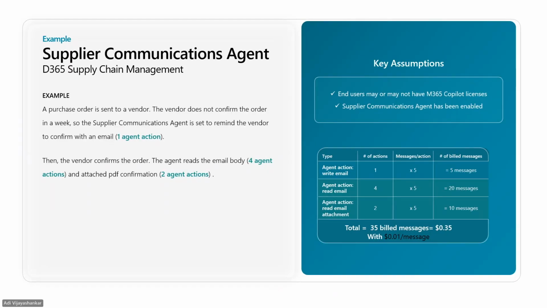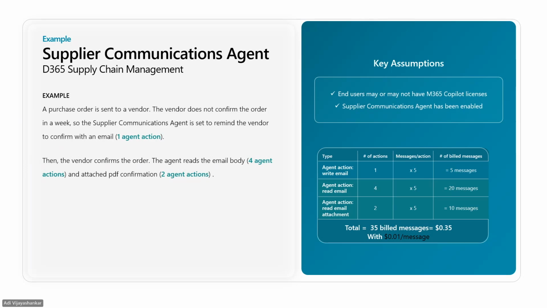So for the Supplier Communications Agent, let's take the whole flow here. A purchase order is sent to the vendor. The vendor has not confirmed in a week, and the delivery is in a week, so we would like to follow up. It matches the criteria, so the agent follows up. It drafts the email.